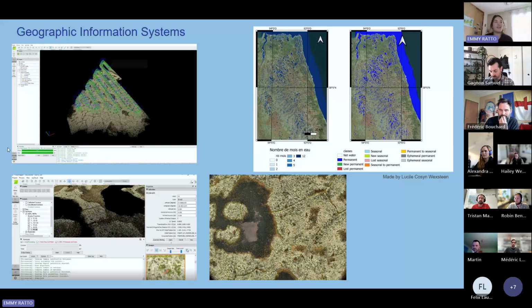I discovered new stuff like diatoms, which I never studied before I came to Sherbrooke. And for the geographic information system, during my license degree I just used QGIS, so I worked with another platform. It was pretty cool, but yeah, I need to practice more.